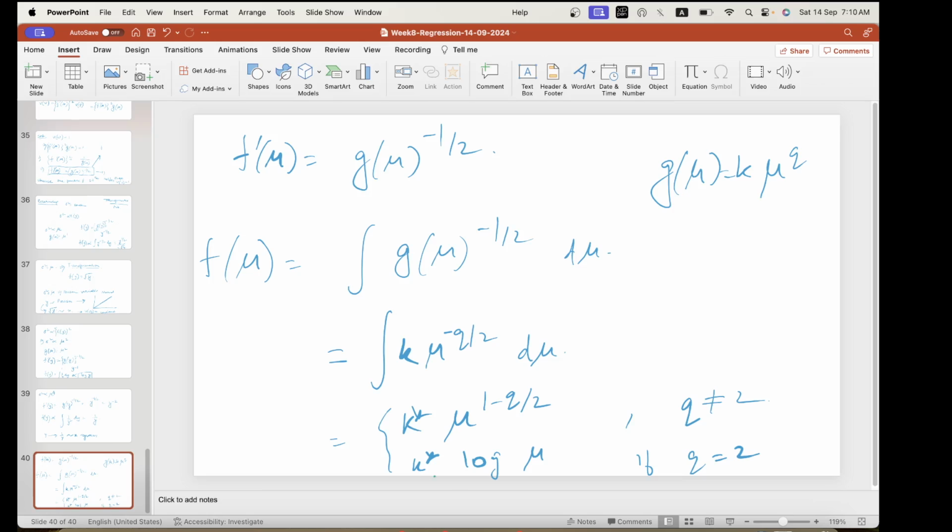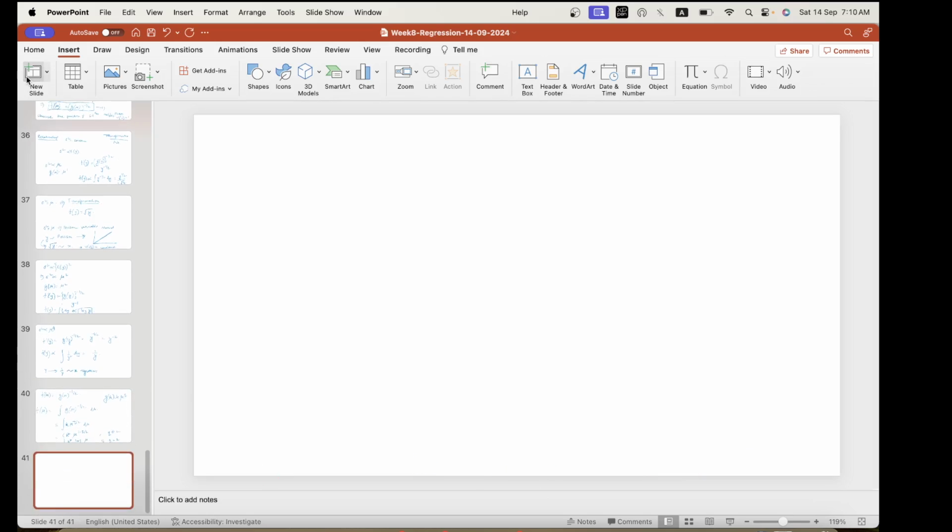So using this generalized formula, we can land up at this table.